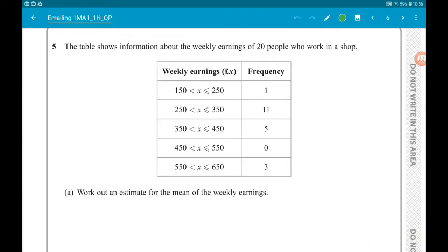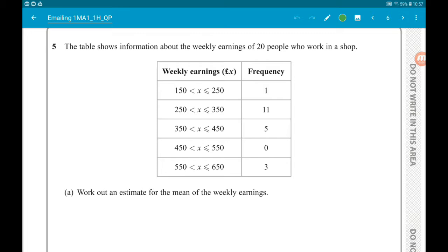Okay, number 5, grouped frequency table. The table shows information about the weekly earnings of 20 people who work in a shop. So we've got their weekly earnings in grouped intervals and the frequency on the right. Work out an estimate for the mean of the weekly earnings.